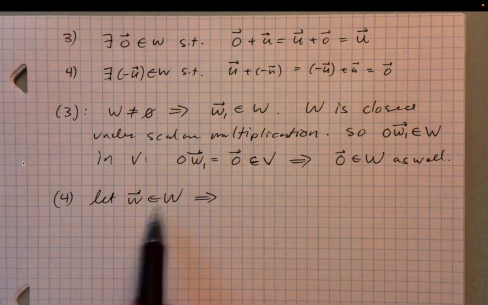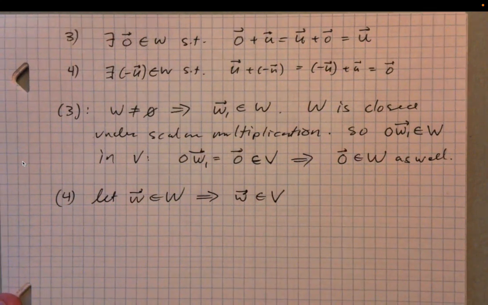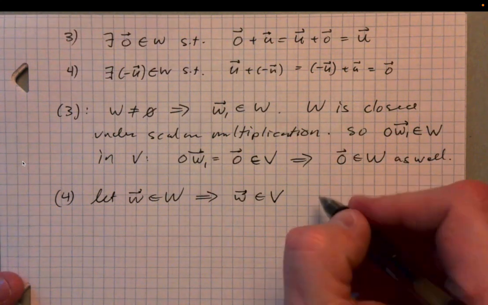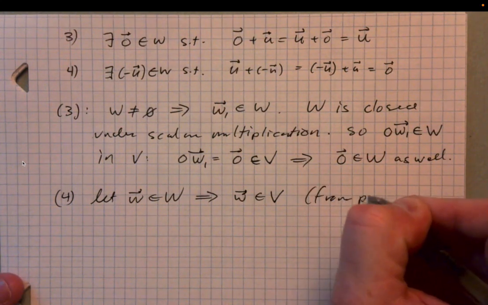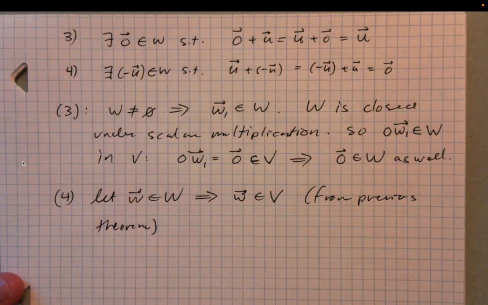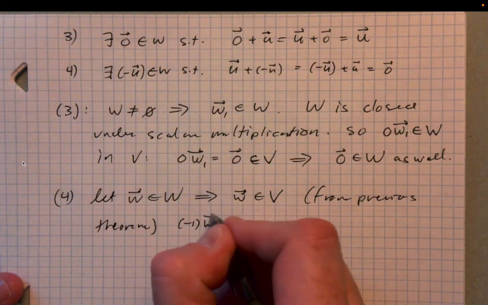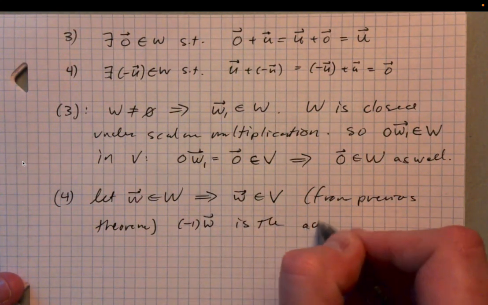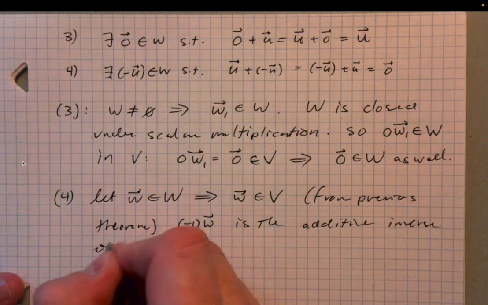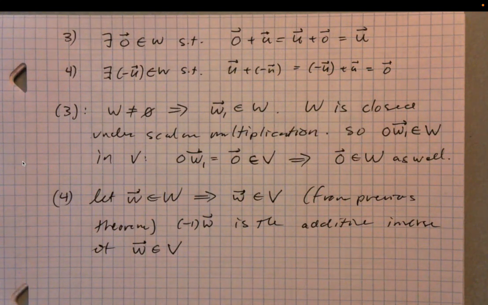Well, W is a subset of V, so w is in V. Now, from a previous theorem, -1, the scalar, times w is the additive inverse of w in the vector space V.